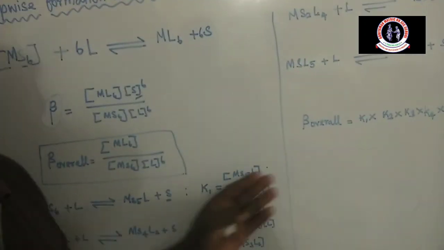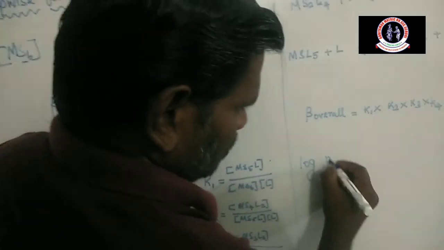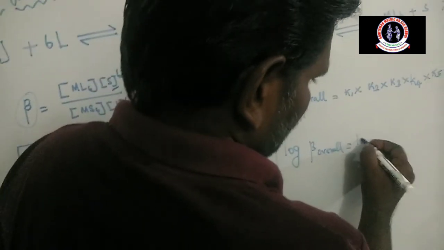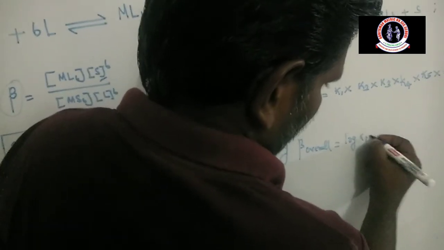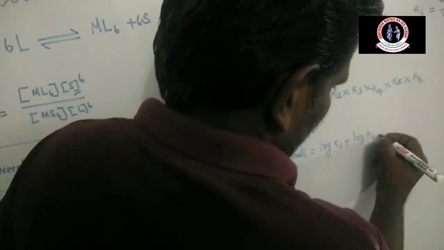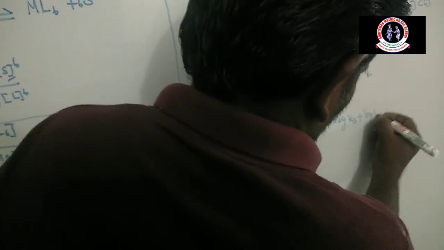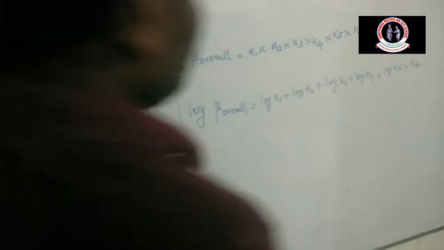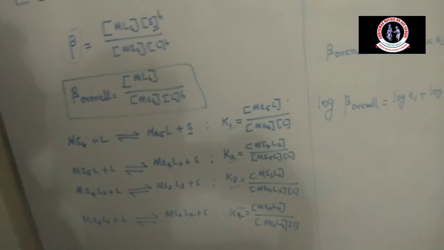Now taking the logarithm on both sides for the overall reaction, the logarithm of beta overall is equal to, summation means addition, log K1 plus log K2 plus log K3 plus log K4 plus log K5 plus log K6, which means beta is the overall formation constant.